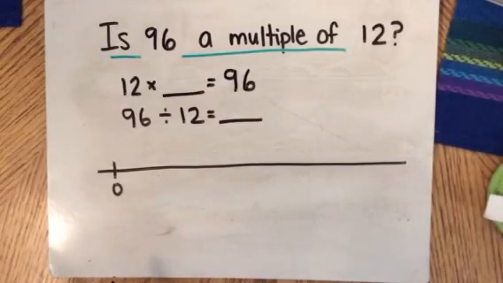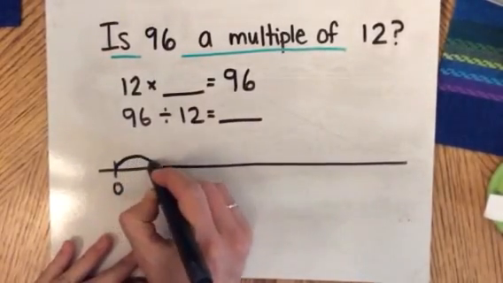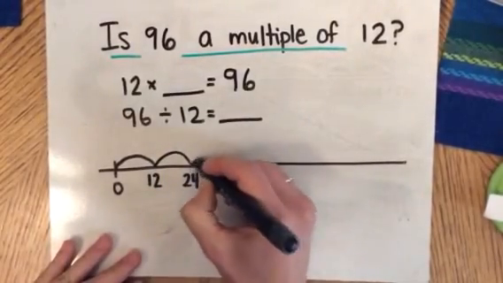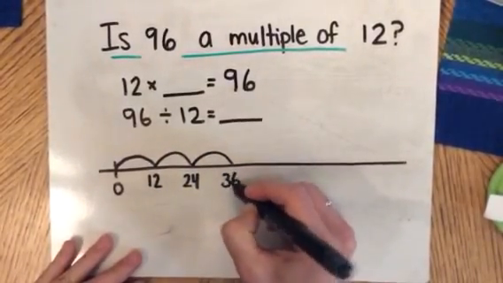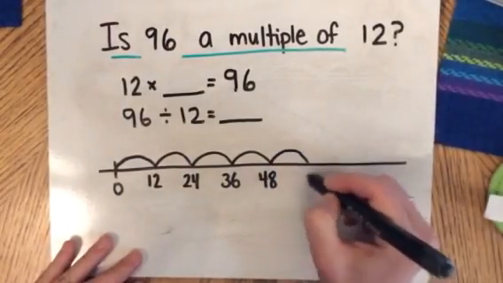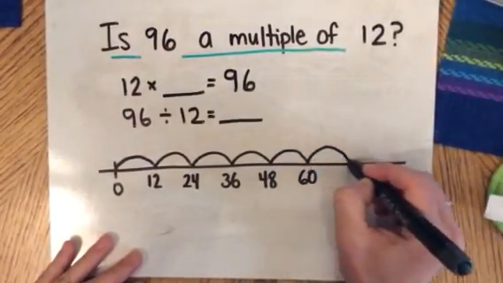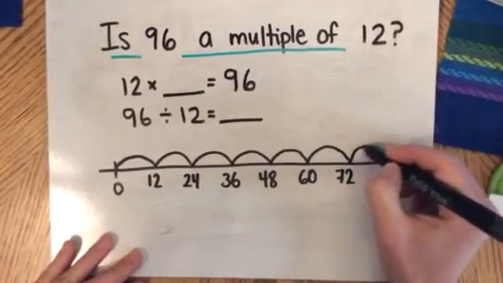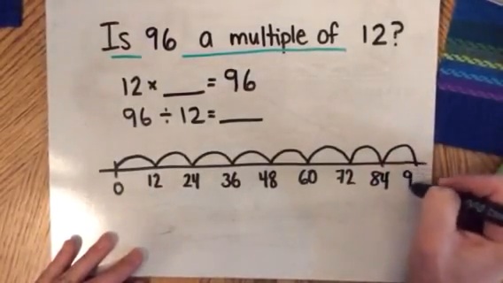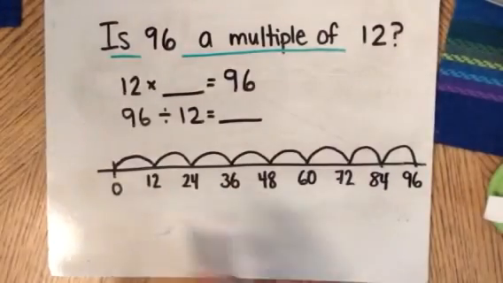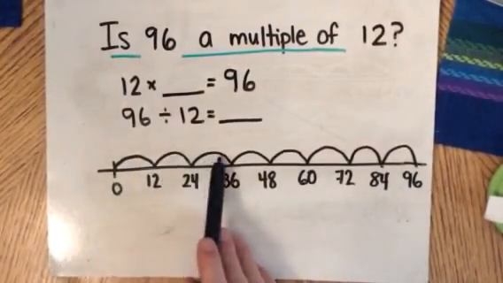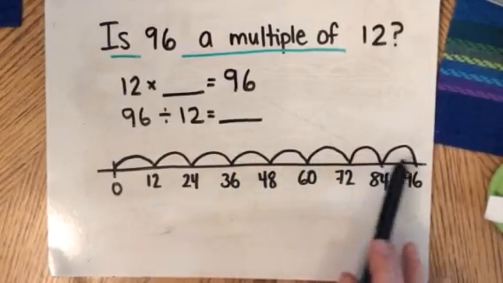If you're not done yet, pause the video now. Otherwise, let's check our work. So we've gone 0, 12, 24, 36, 48, 60, 72, 84, and 96. How many times did we skip count by 12? 1, 2, 3, 4, 5, 6, 7, 8.